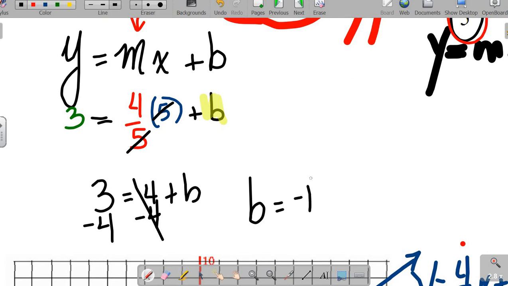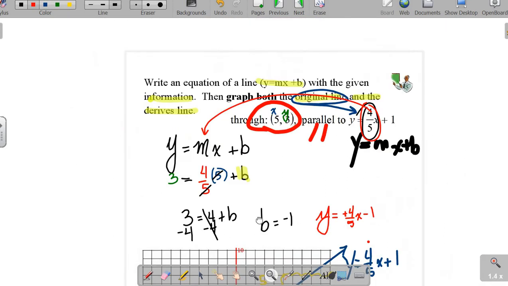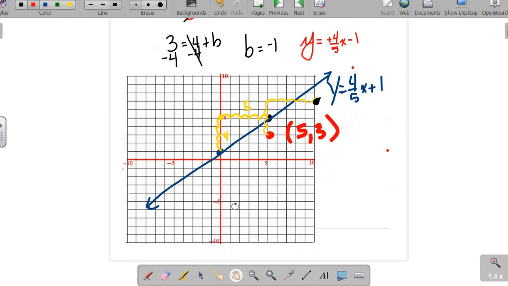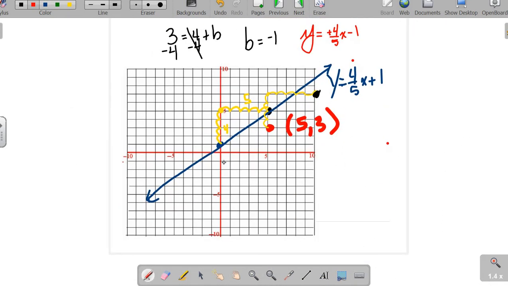So the equation of our second line should be y equals positive 4/5 x minus 1. Now let's graph that, and we'll see if it matches our graphic. So there's our intercept at -1.